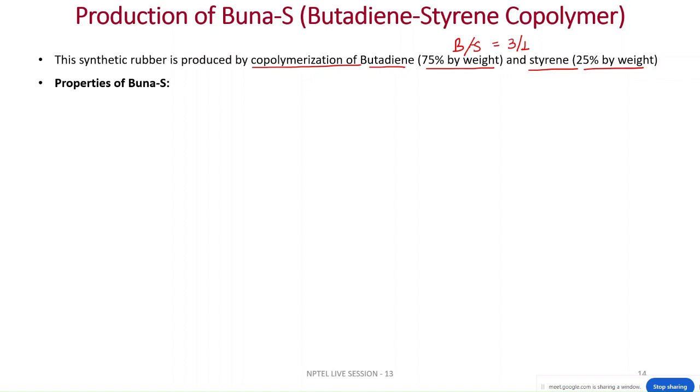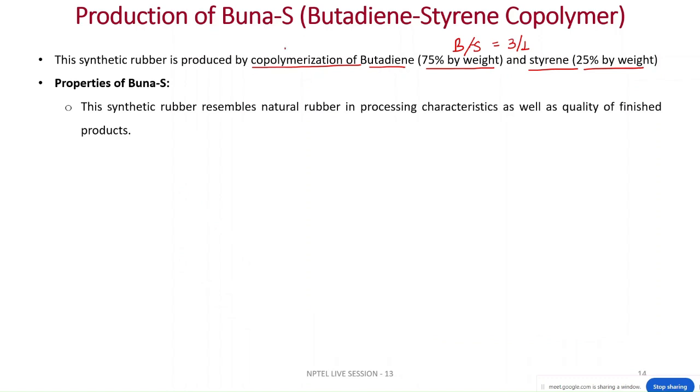So what are the properties of the Buna S that we achieve by this copolymerization reaction? This synthetic rubber resembles natural rubber in processing characteristics as well as quality of the finished product. It more or less resembles natural rubber.